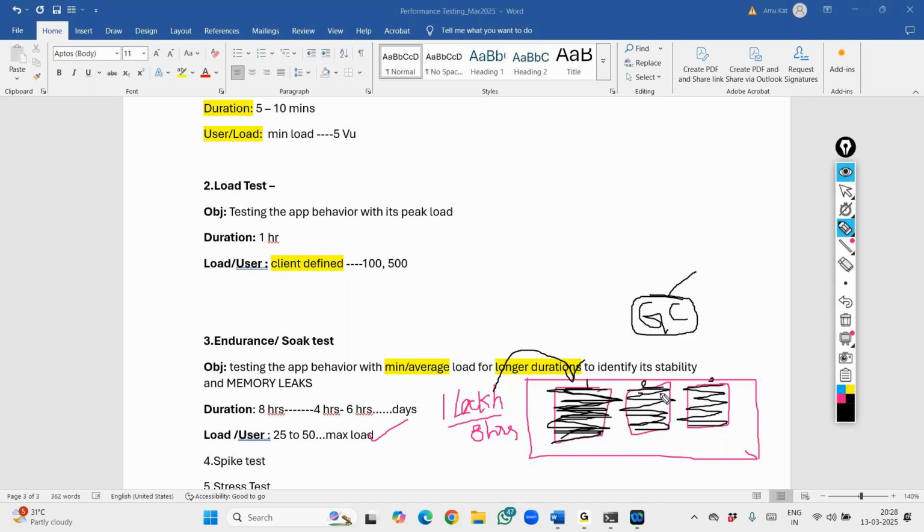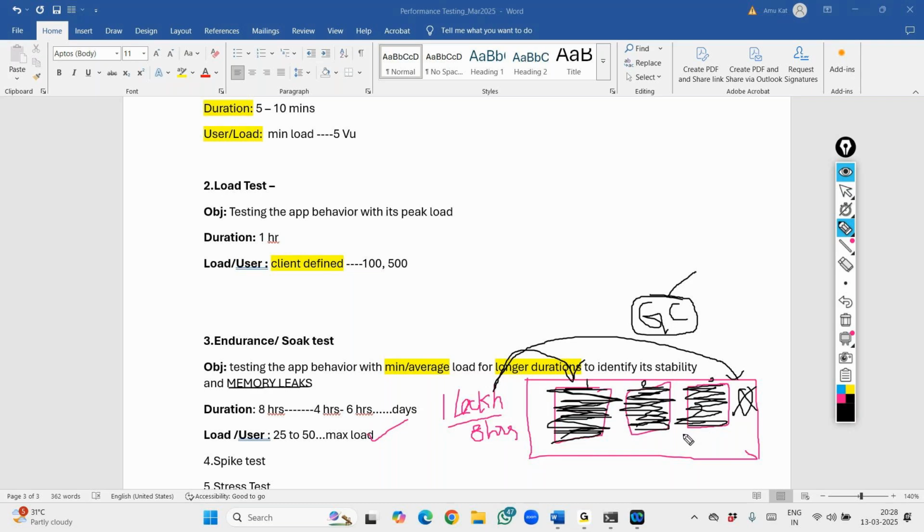So everything got occupied, and now whenever a new user enters the application, there is no space. If there is no space to create any new object, that is nothing but a memory leak.